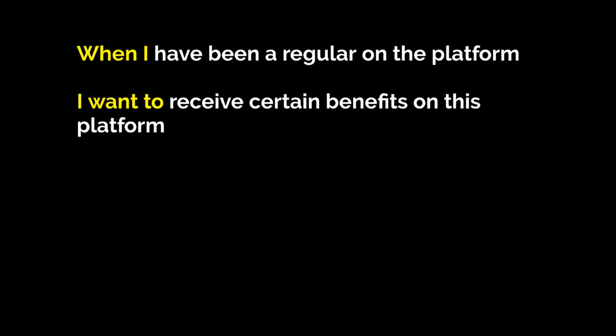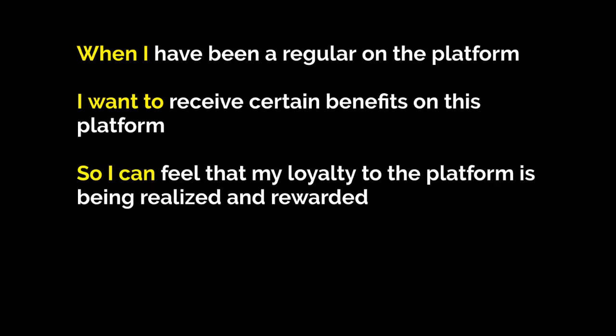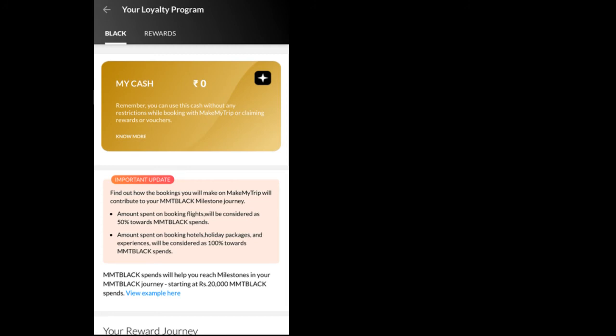When I have been a regular on the platform, I want to receive certain benefits or privileges on this platform, so I can feel that my loyalty to the platform is being realized and rewarded. MMT has a loyalty benefits program called MMT Black.